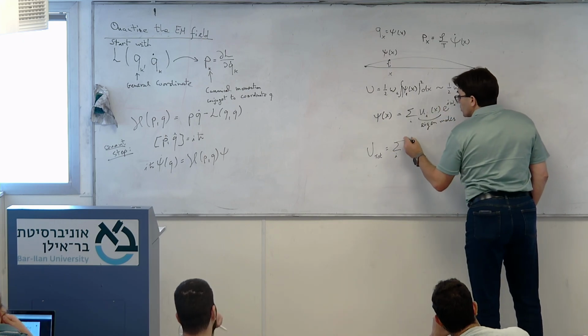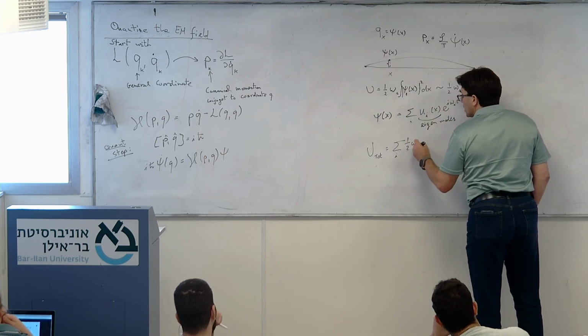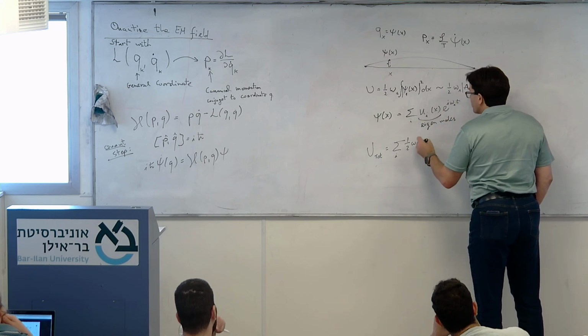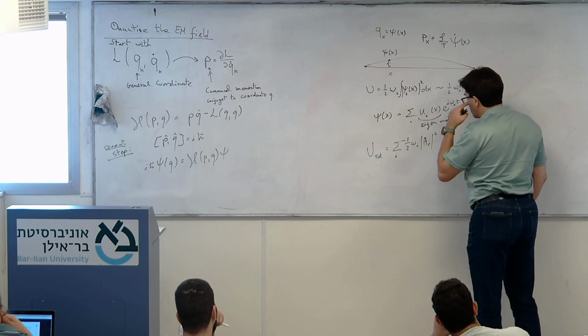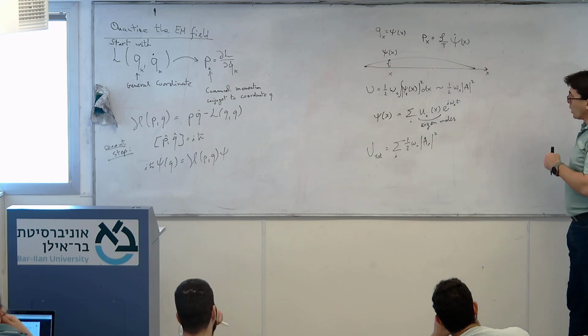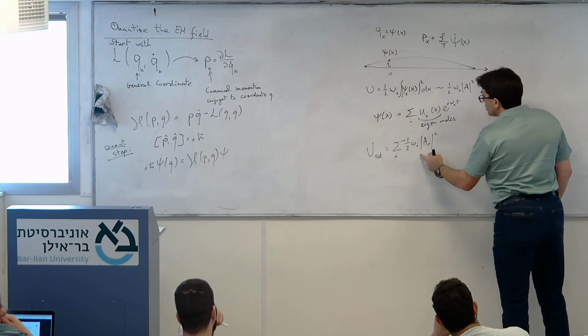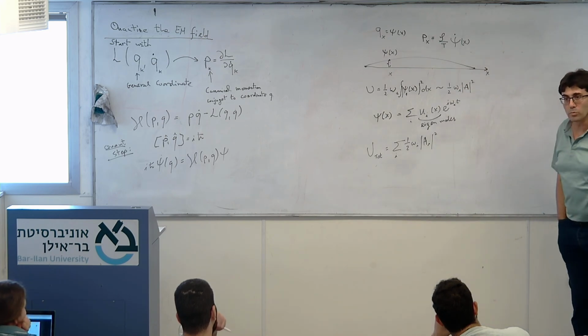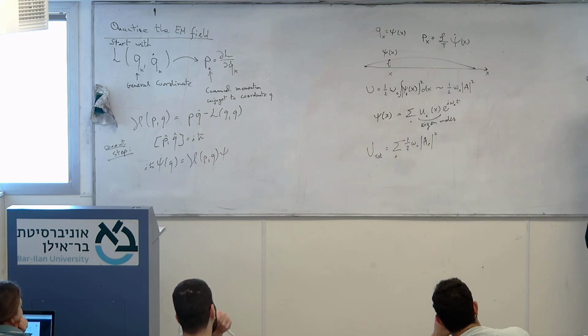There will be some half omega_i and A_i absolute value squared, where those are the amplitudes of each mode for each of the modes.